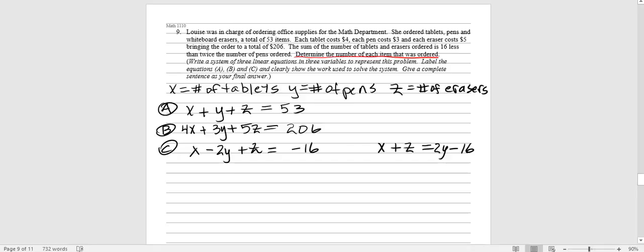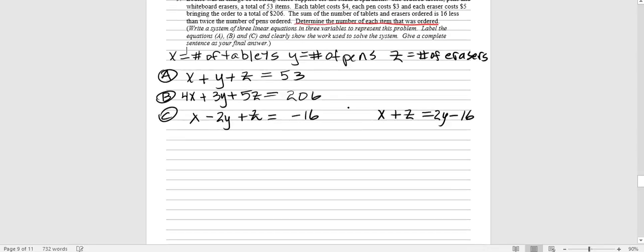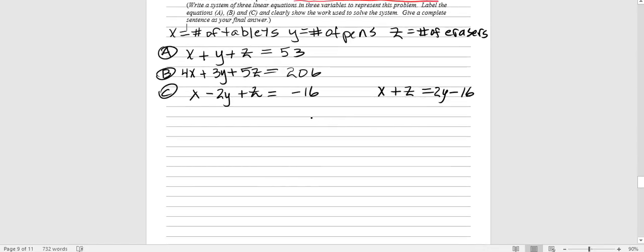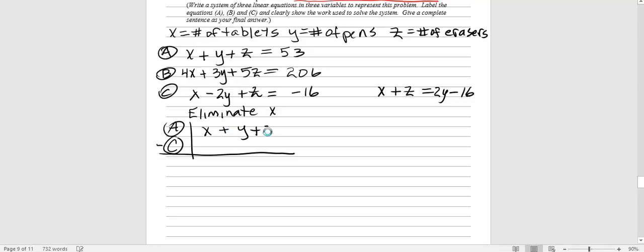What I want to do here is pick a variable to eliminate first, and I'm going to choose to eliminate x first, and I'm going to use equations A and C to do that. So I'm going to do A minus equation C, or I can think of it as A plus a negative C. So I recopy A, and then I change the sign of every term of equation C. And I add.